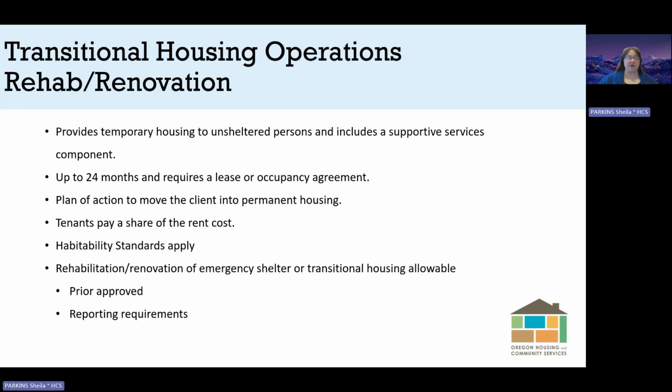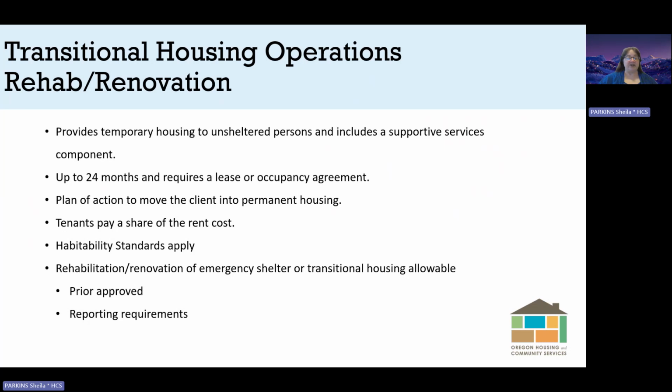Finally, allowable emergency shelter and transitional housing costs are related to the operation of the facility. A table is provided in the manual that identifies when costs are allowable under emergency shelter and when they are allowable under transitional housing. Specifically, unallowable costs include the purchase of recreational vehicles as a form of shelter. Shelter and transitional housing funds can be used for the renovation or rehabilitation of shelters or transitional housing.